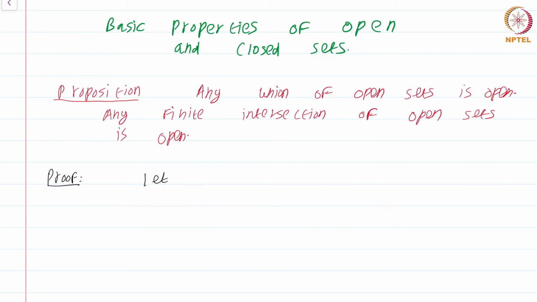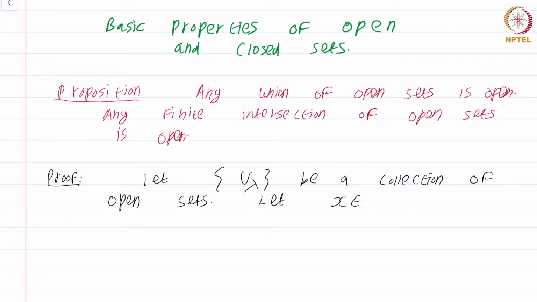Let u lambda be a collection of open sets. Okay, let X be an element of the union of u lambda. So I'm considering a collection u lambda of sets.